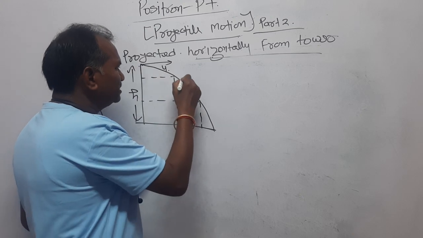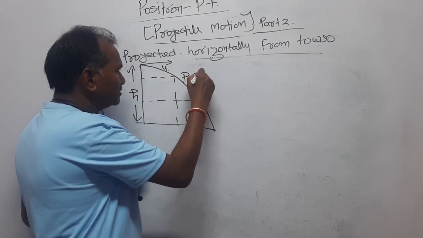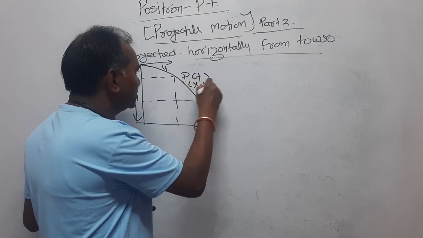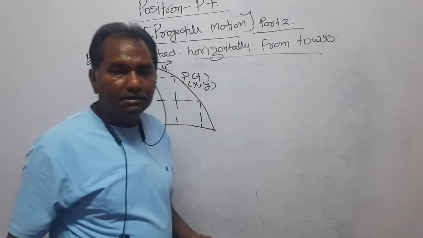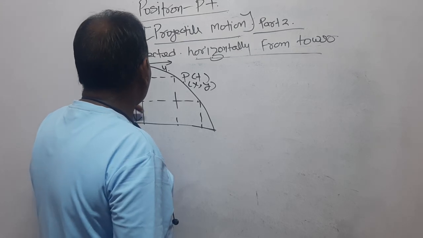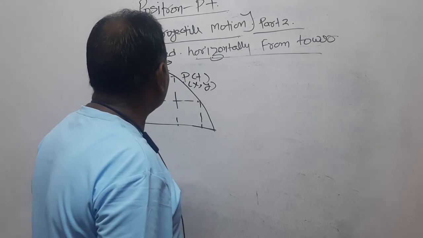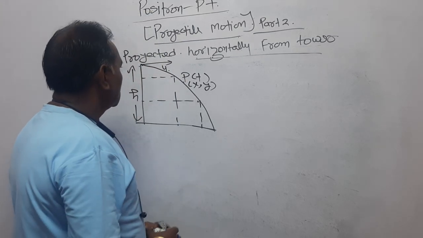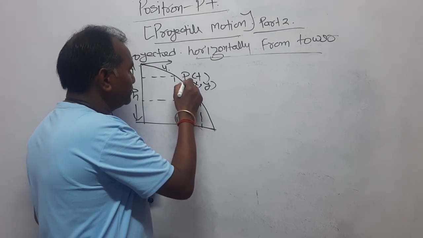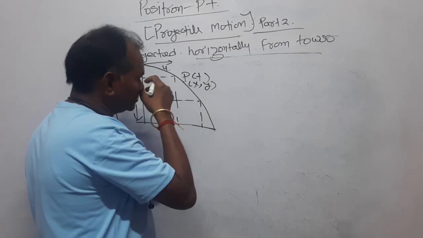Let at time t, the body reach point P, which has the position coordinate x comma y, right?